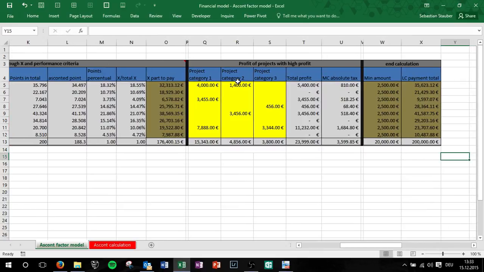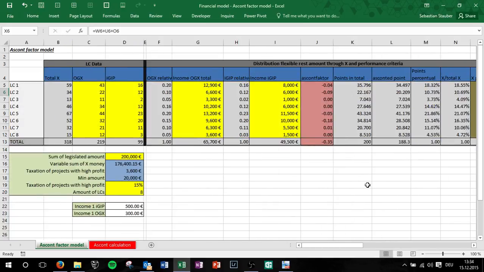In the end, you also have different kinds of project categories. You can even set several separate tax rates per project category. Then the tax is calculated. If you would like to have a minimum amount the LCs need to pay, you can also do this, and in the end the LC payment gets calculated.